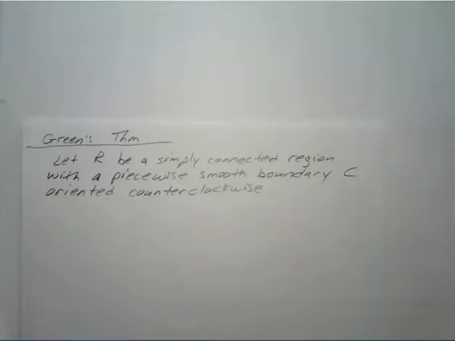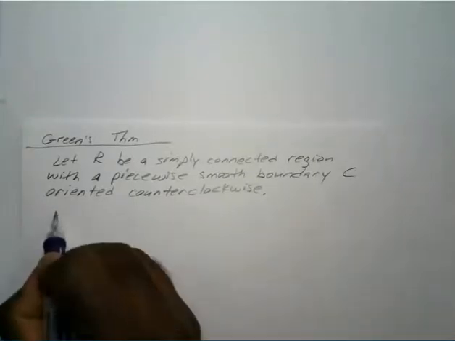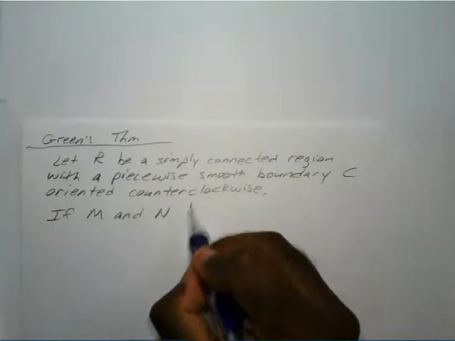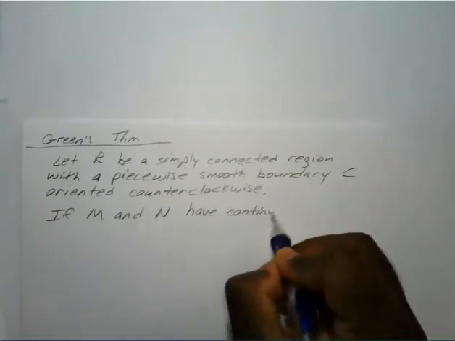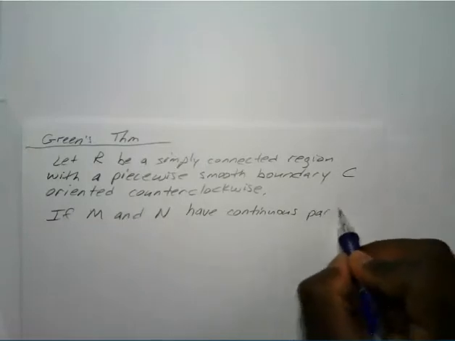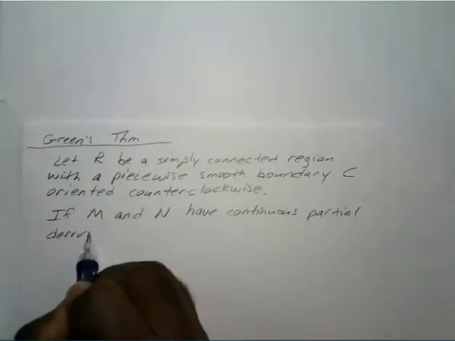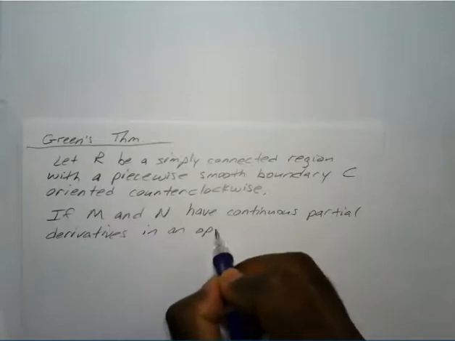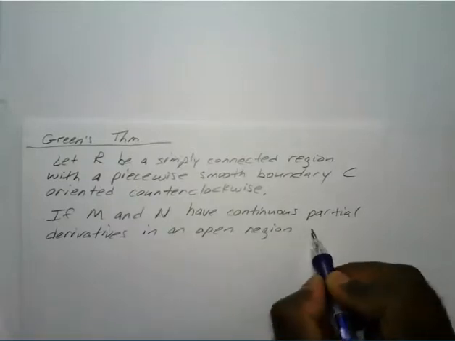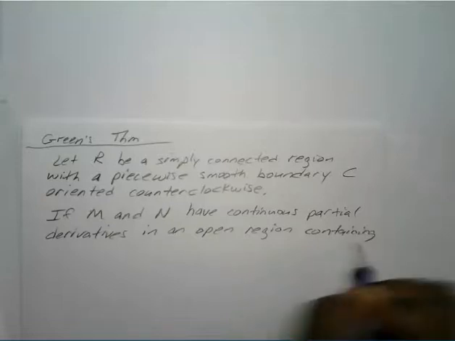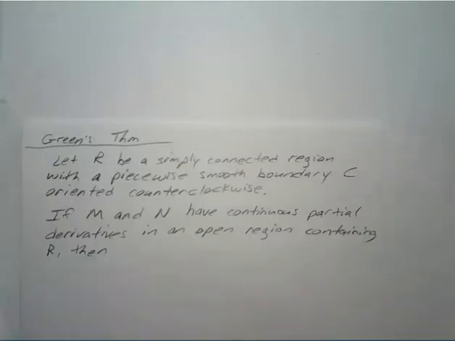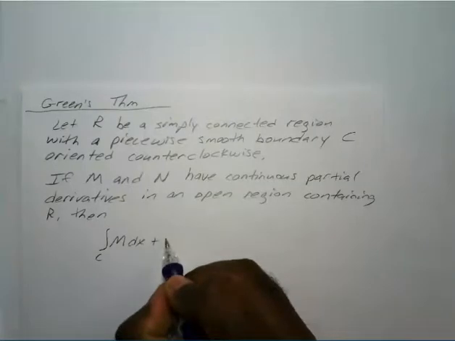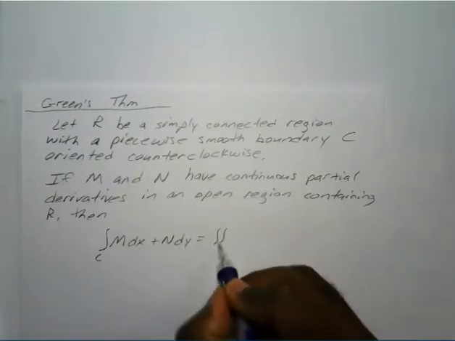All right. So if our M and our N have continuous partial derivatives in an open region containing R, then your line integral can be solved using a double integral.